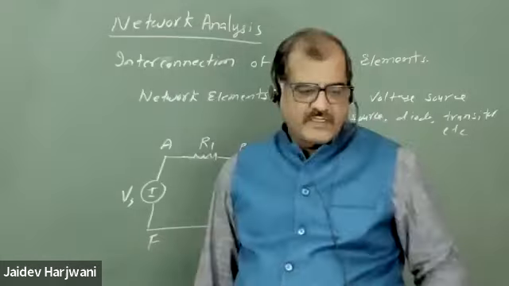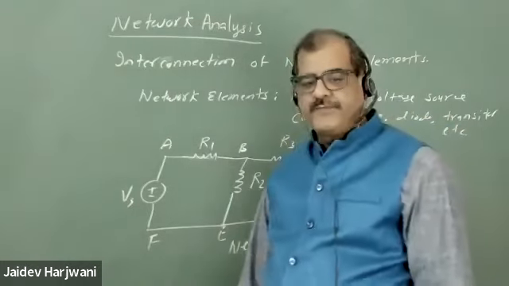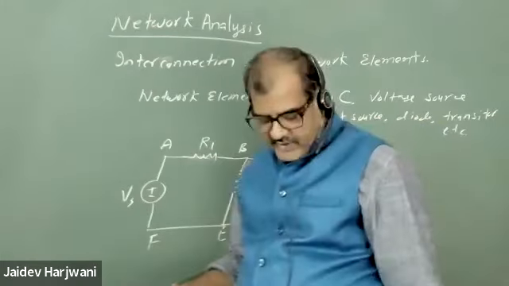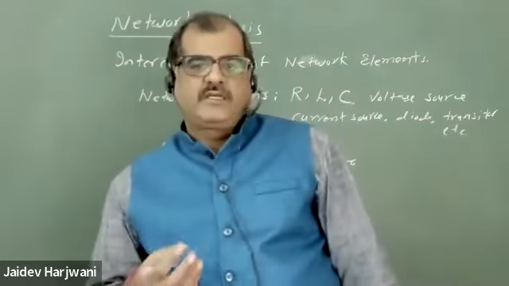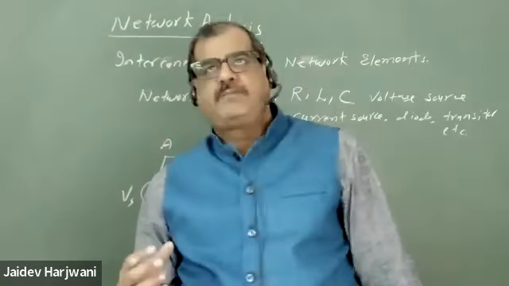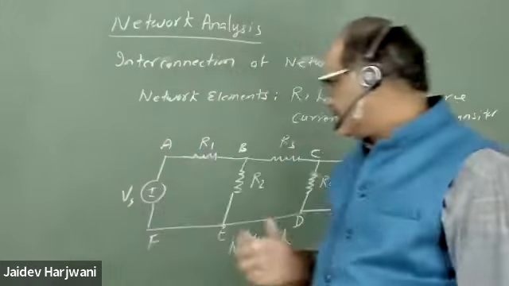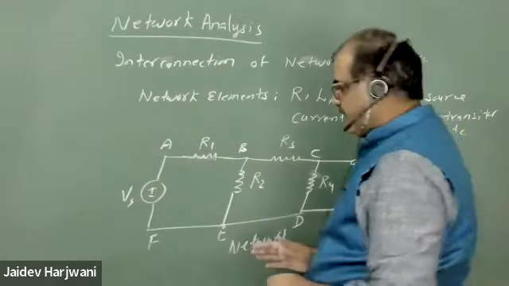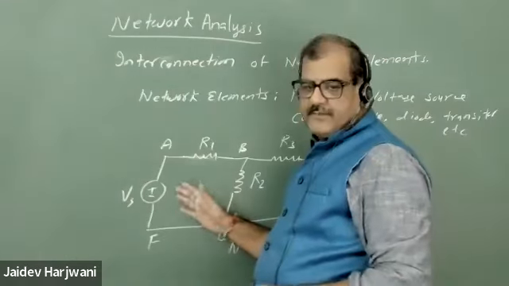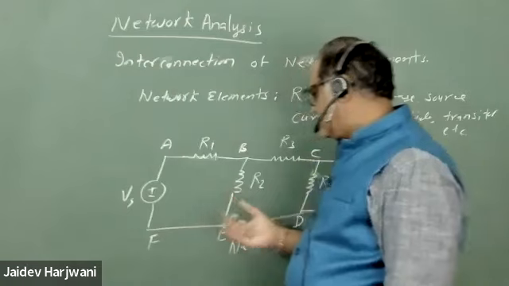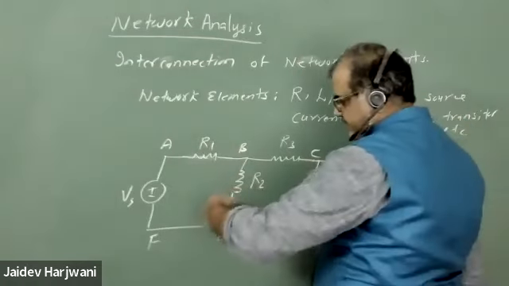Now what is a circuit? The word circuit is made from circle, something which is a closed path. Any closed path in the network which contains an energy source is called a circuit.